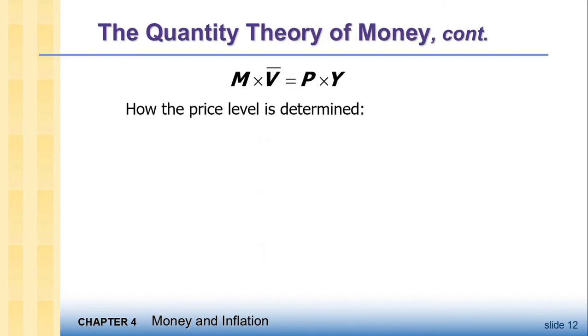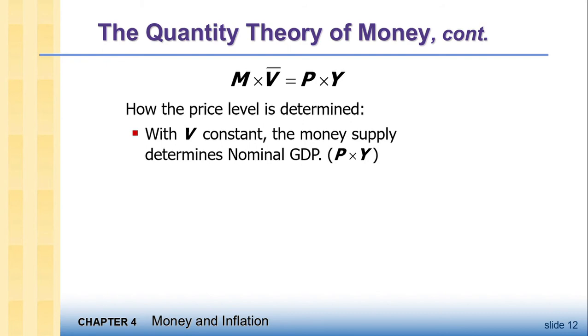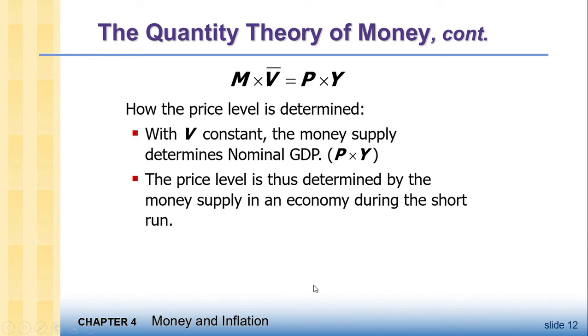And again, I need to remind you why we started this: we wanted to know how money supply is related to the price level or the real economy. So now if M V bar equals PY, with V constant, money supply thereby determines the nominal GDP. And in the short run, the price level is determined by the money supply.